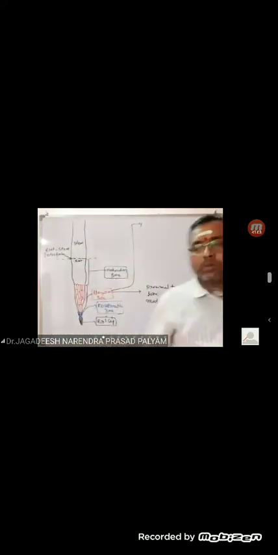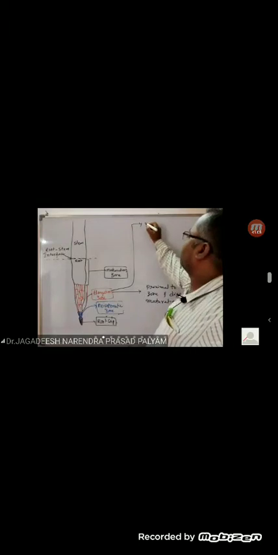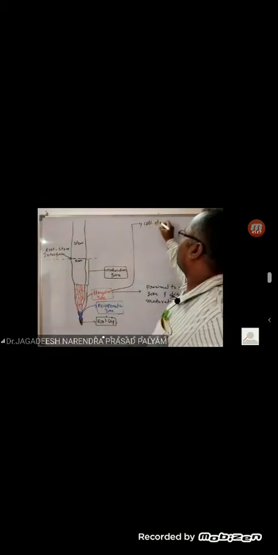What happens in the elongation zone? That we have to discuss now. In the elongation zone, cell elongation takes place.